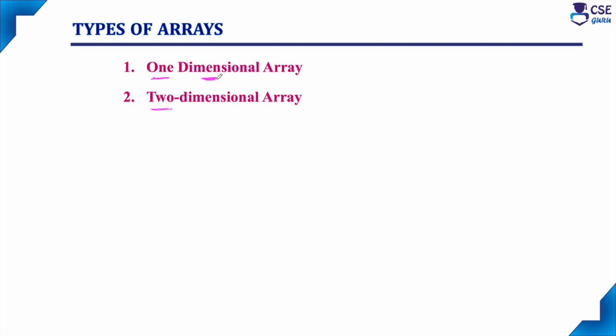So, the array dimension is decided by the number of subscripts. Number of array subscripts, that is nothing but the index. If the array consists of only one subscript, that is A of 10, it is a one-dimensional array.